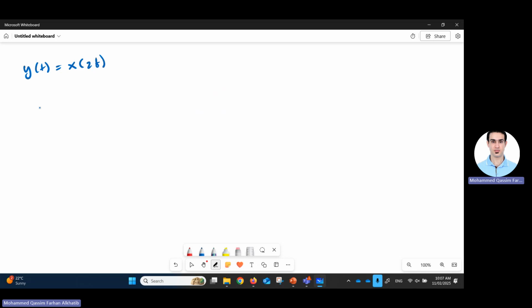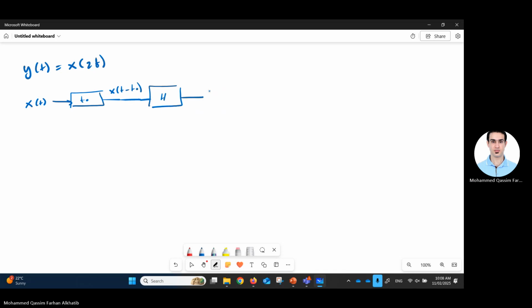Okay, so let's do it this way. I have my input x of t. Then I first apply the delay t naught, so I have x of t minus t naught. Then I apply the transformation h and I get the output, let's call it y1 of t. How much is it?